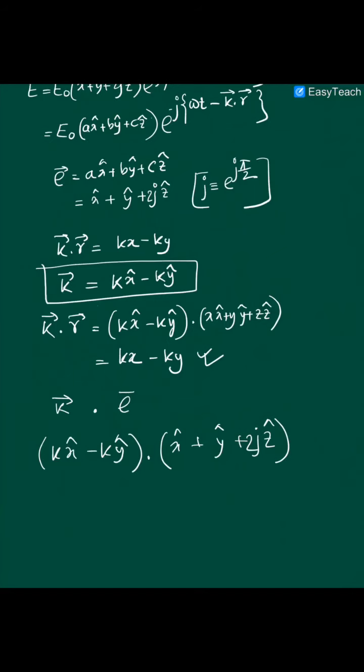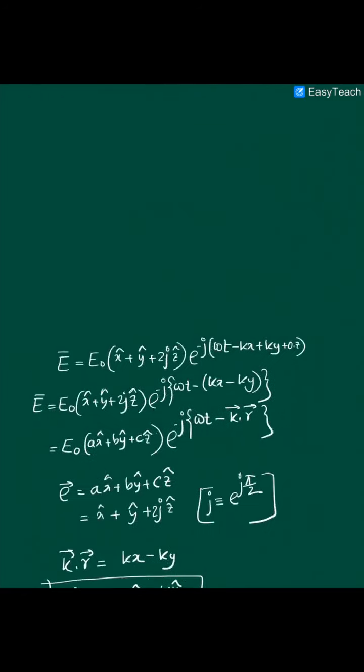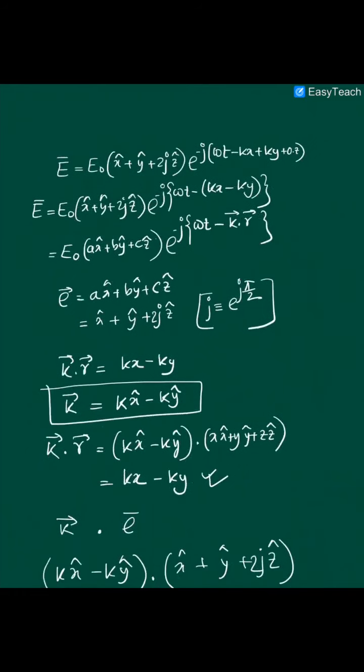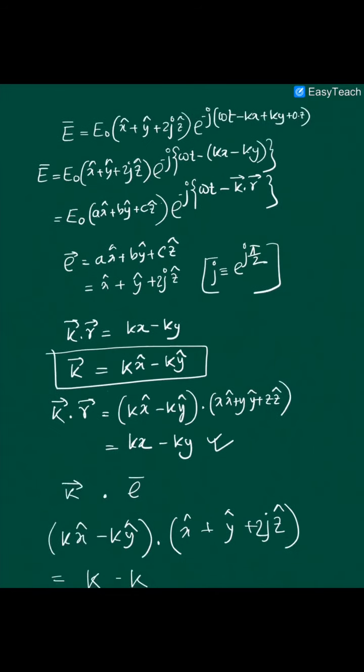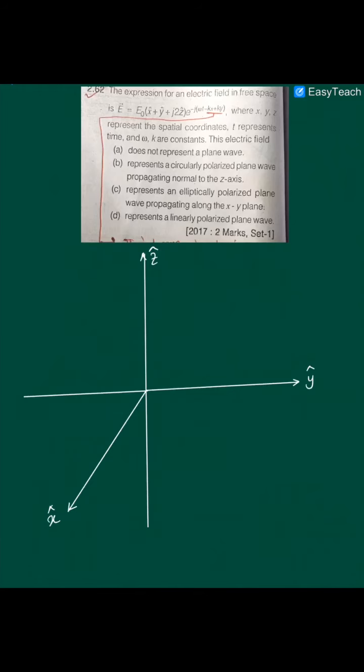Now if you take the dot product, this is basically k, and then 0, 0, and then minus k. Okay, so this is equal to 0. Now you can say that this particular electromagnetic wave represented by this electric field is a uniform plane wave. Okay, now we have to identify the state of polarization.